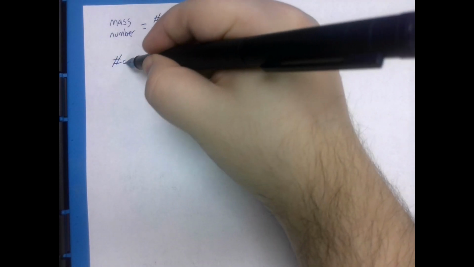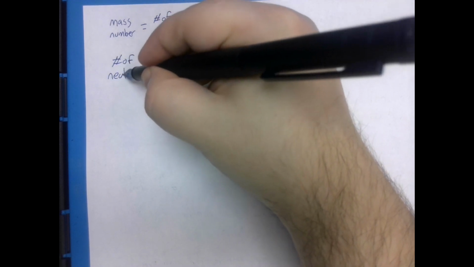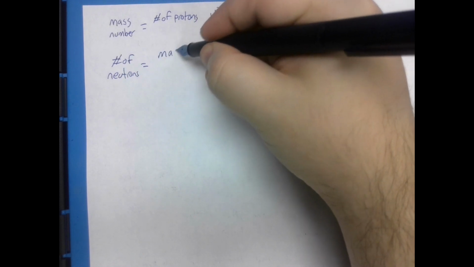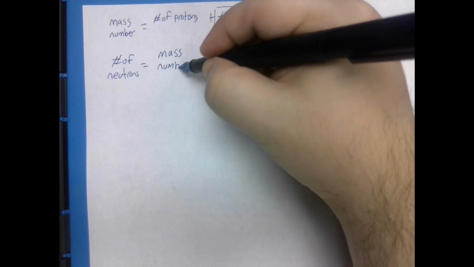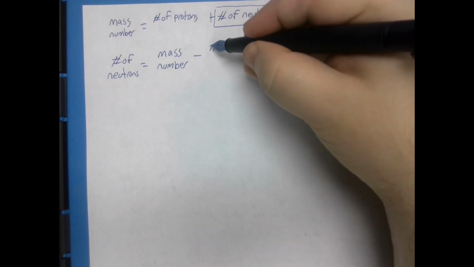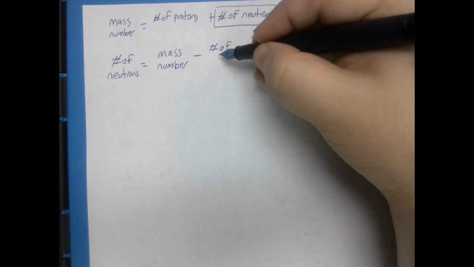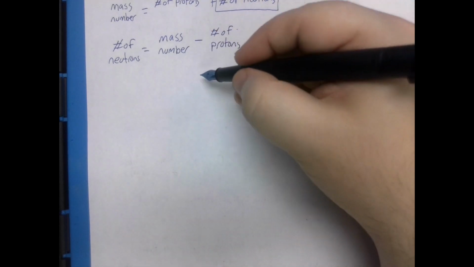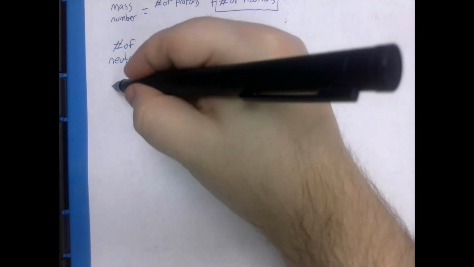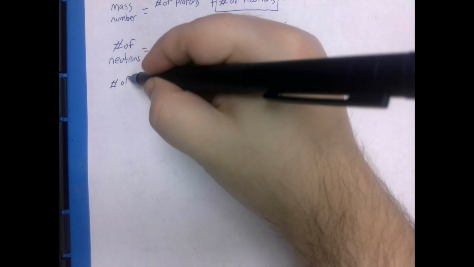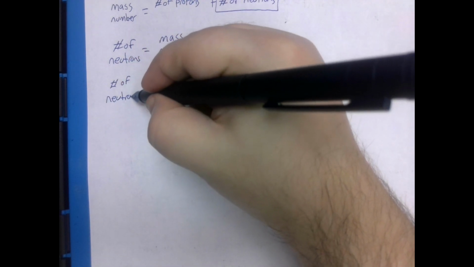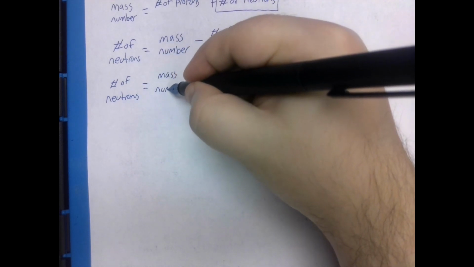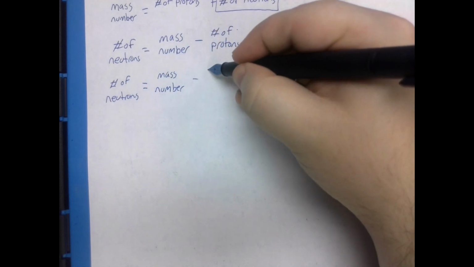So the number of neutrons is just equal to the mass number minus the number of protons. And another name for the number of protons is the atomic number. So the number of neutrons is equal to the mass number minus the atomic number.